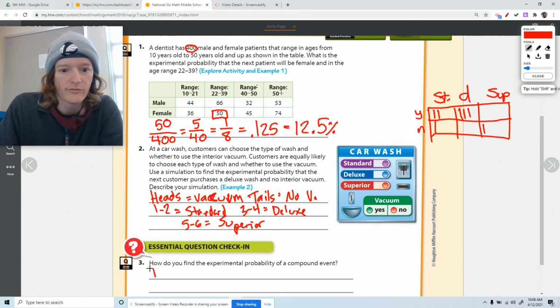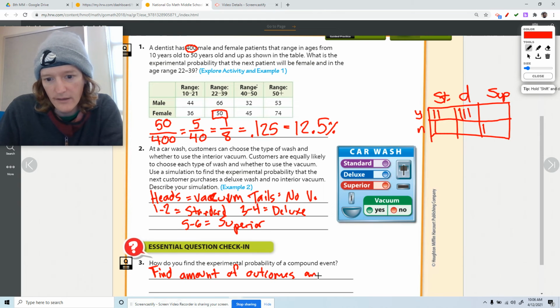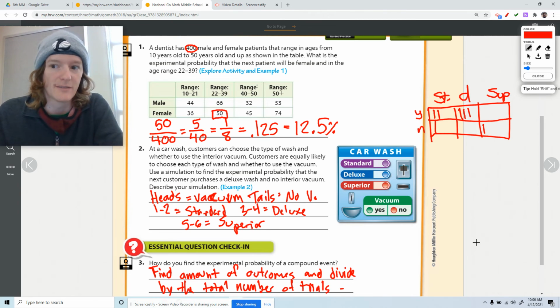We need to find the amount of outcomes and divide by the total number of trials. That's pretty much the same answer we had for the number 3 on the last section.